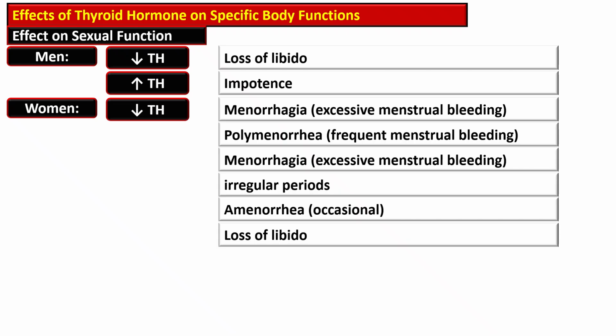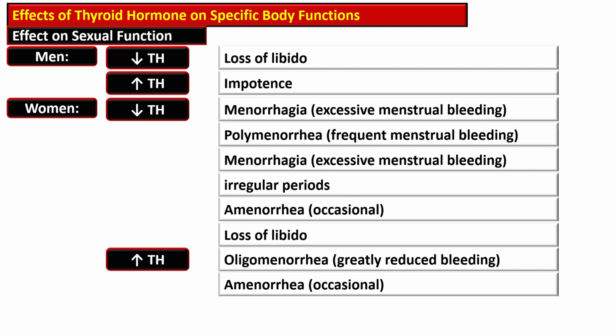In women, decreased thyroid hormone or hypothyroidism results in menstrual cycle irregularities such as menorrhagia, that is excessive bleeding, polymenorrhea, that is frequent menstrual bleeding, and in some cases amenorrhea or absence of the period, or irregular periods may also occur. There is also loss of sexual desire.